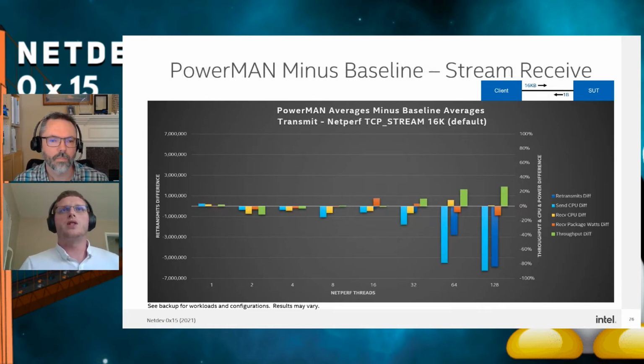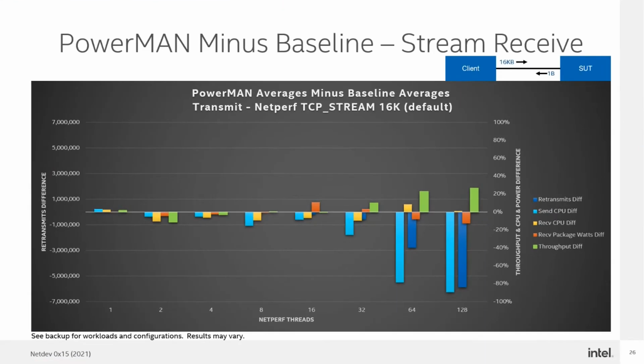And here is the stream receive test, where we were sending 16K byte buffers, and the system under test was sending 1 byte buffers back. In this case, again, the higher thread cases, the continuing theme, are much better.